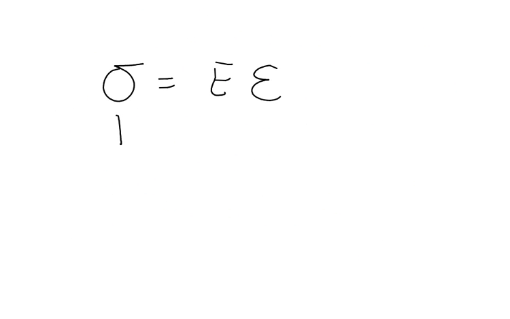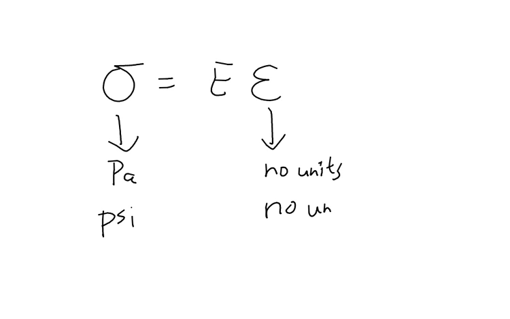Sigma had units of pressure, either pascals or psi. Epsilon had no dimensions, no units. A lot of times when people write strain, they will still write inch per inch or meter per meter, just so it's easy to tell that you're talking about strain. But technically, strain has no units. So what units does E have? It has to be pascals or psi.